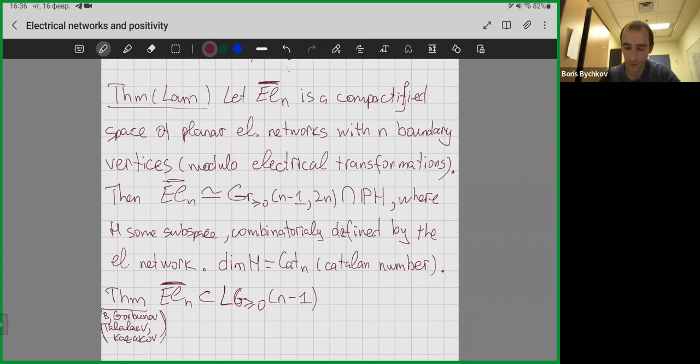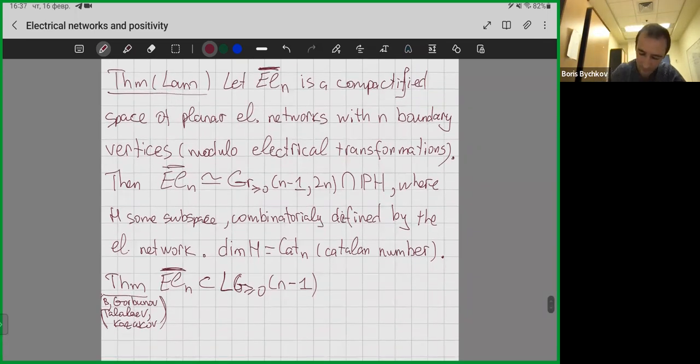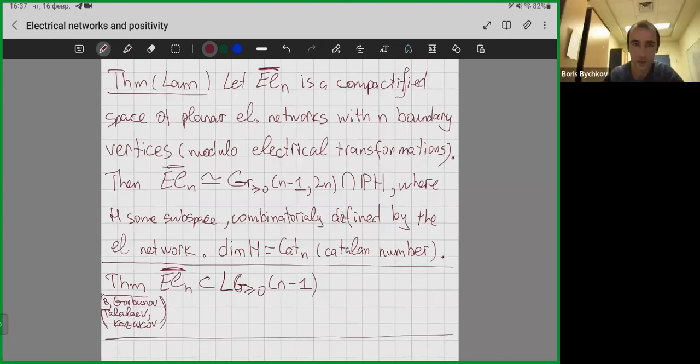I think I can say a few words about this total non-negativity, if there are no questions about these statements. So how to understand this total non-negativity?